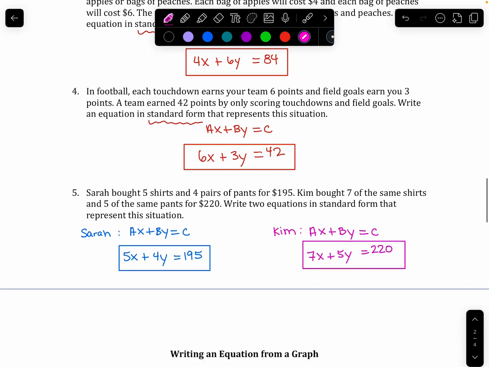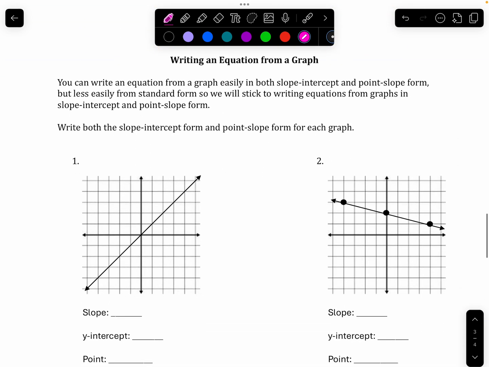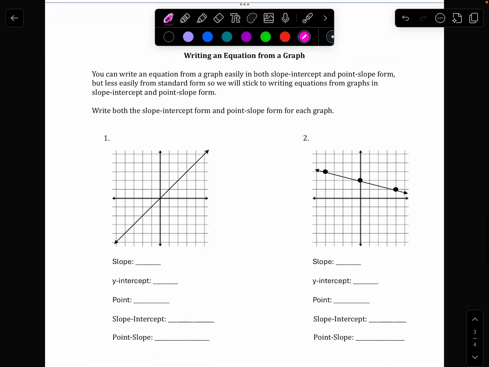So far we've talked about how to write an equation in slope-intercept form from various information, how to write an equation in standard form from various information. So now what we're going to do is look at writing equations from a graph. When you look at writing equations from a graph, the 2 really easy ways to do this are to write your equations in either slope-intercept form or point-slope form.